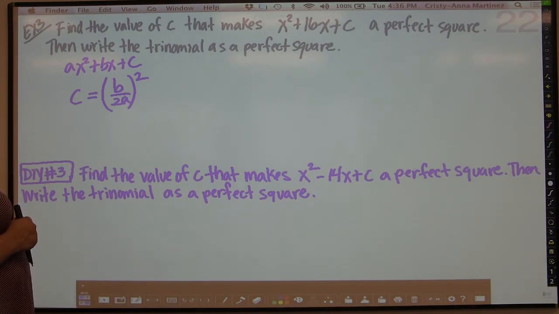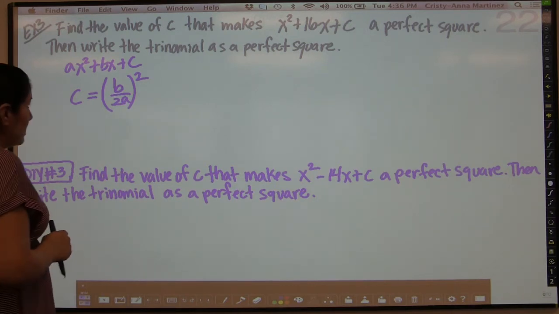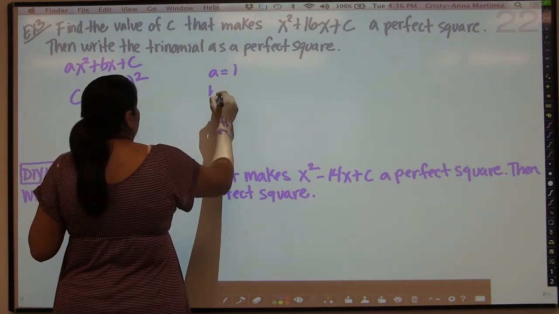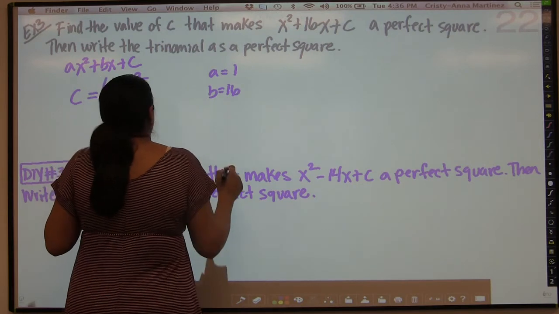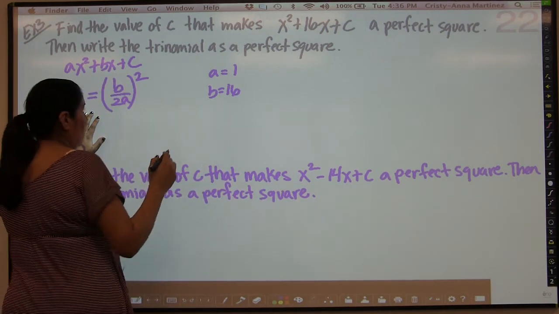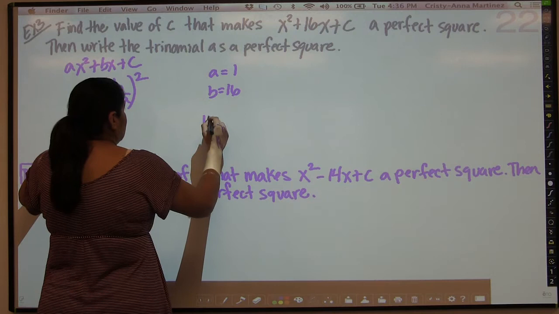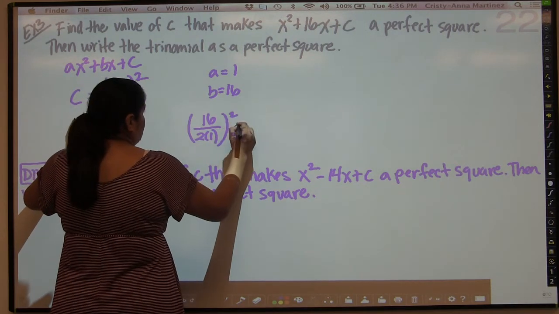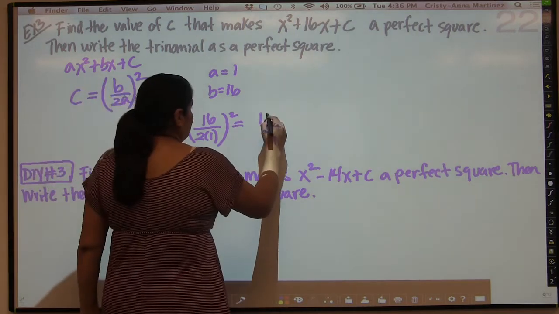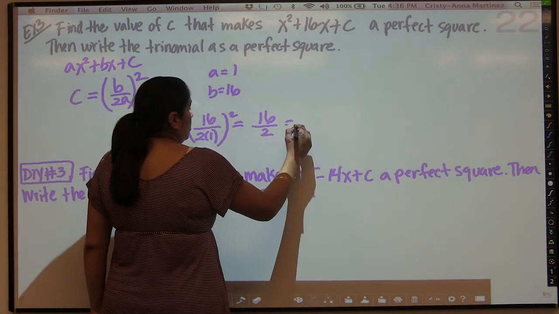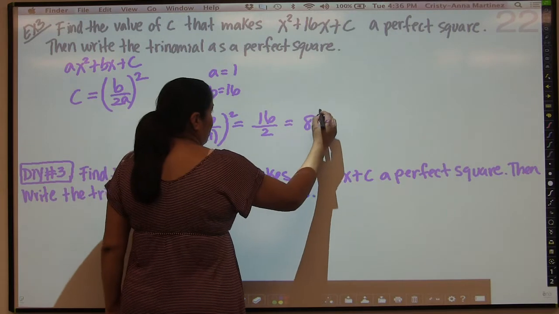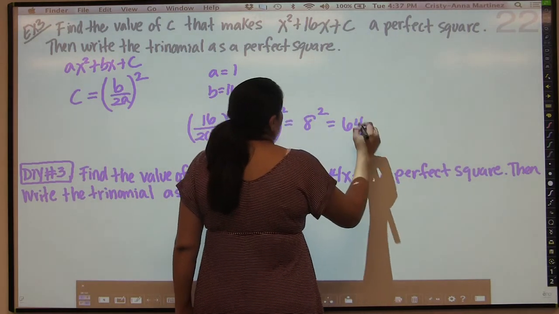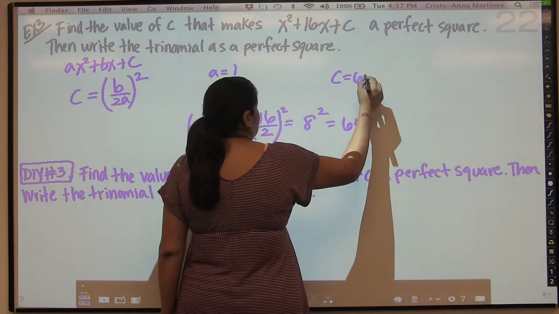You take b divided by 2a. So in this case, my a value is 1 and my b value is 16. So in order for me to find out what c is supposed to be, I have to take b, which is 16, divided by 2 times 1, and then square it. So that's going to equal 16 divided by 2, which is now 8, and then I'm going to square that, and that's 64. So in this case, c has to equal 64.